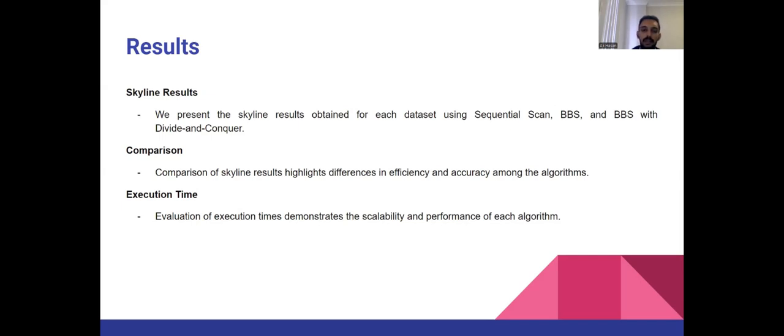We can say that the branch and bound skyline and the branch and bound skyline with the divide and conquer approach showed more significant improvements in terms of execution time and output compared to the sequential scan-based method. These results demonstrate the scalability and performance benefits of using the R-tree based algorithms for skyline search.